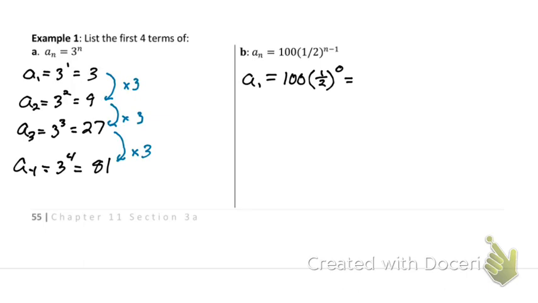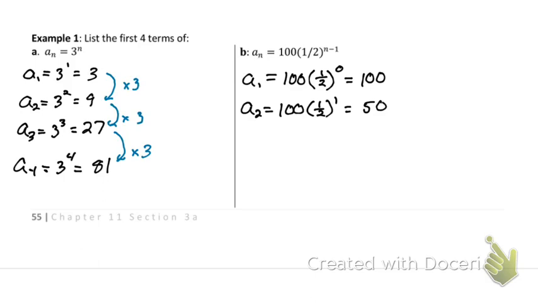Anything to the 0th power is 1, so that's 100 times 1, which would just give me 100. All right, my second term is going to be 100 times 1/2 to the 2 minus 1, which is 1. So that's 100 times 1/2, which is 50. Now, if you realize that this is geometric, and you realize that I'm just dividing by 2, I'd multiply by 1/2, then by 1/2 again, and again.